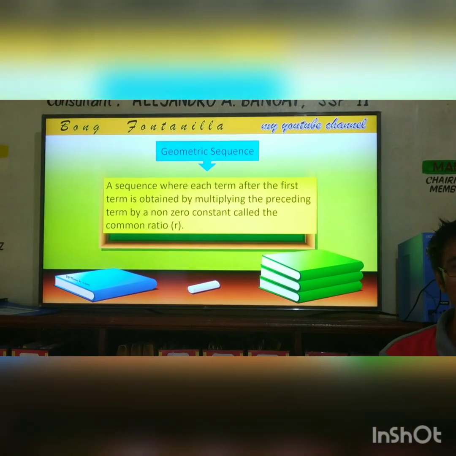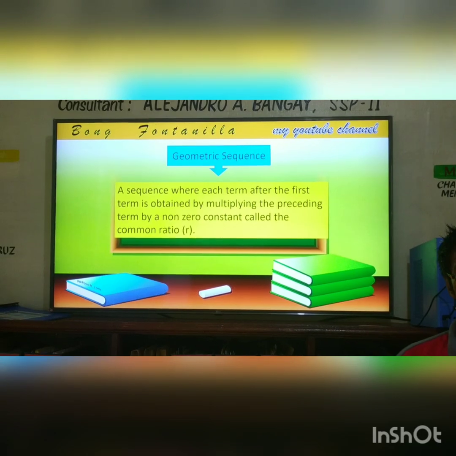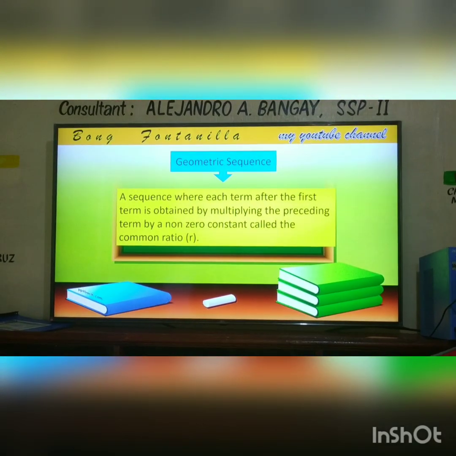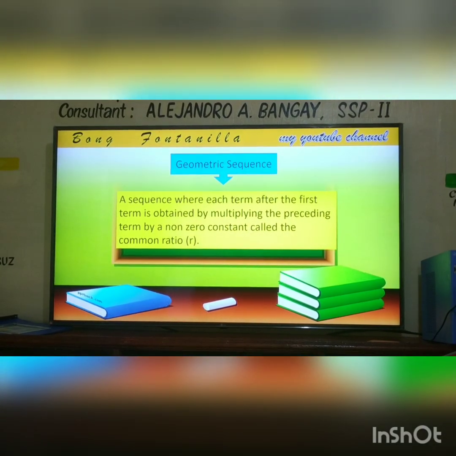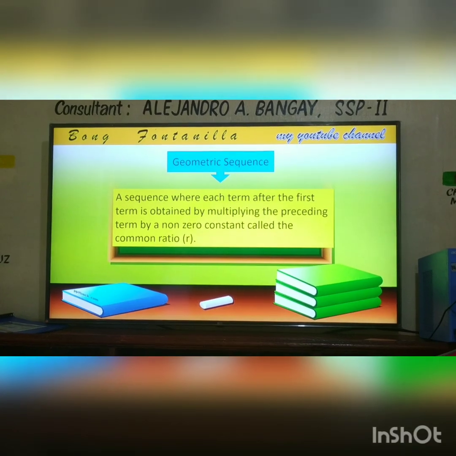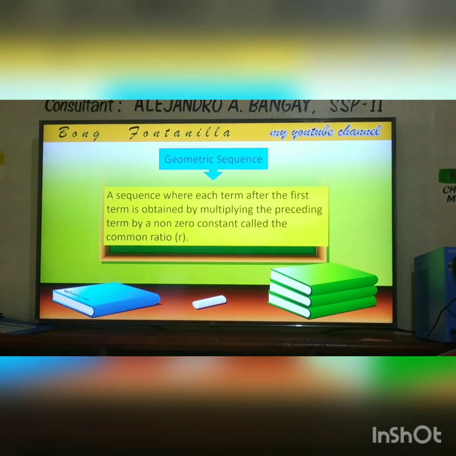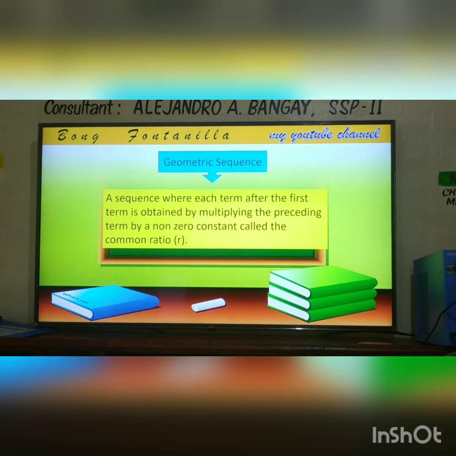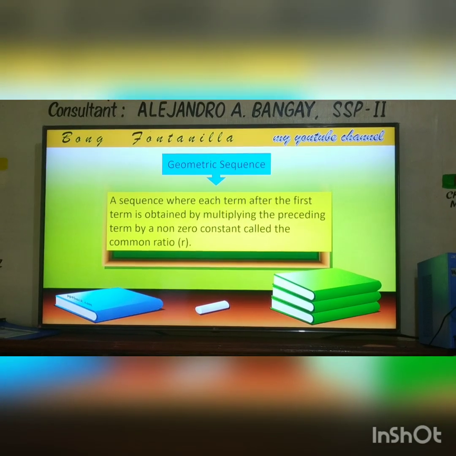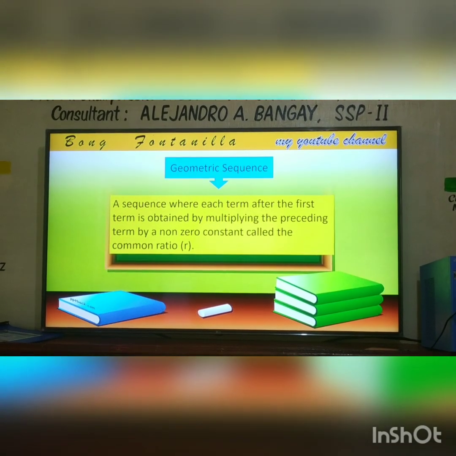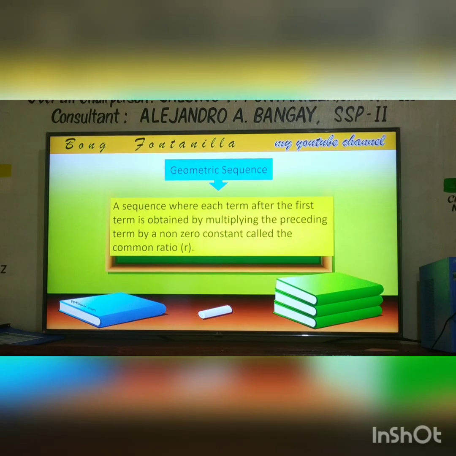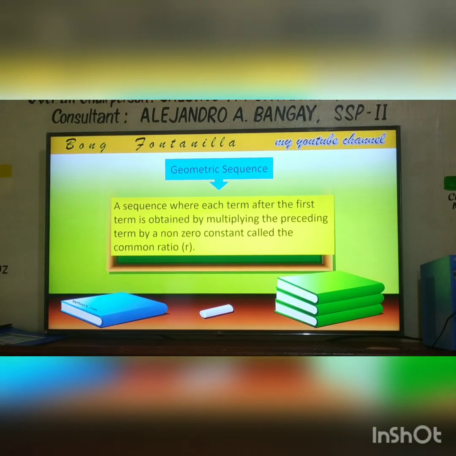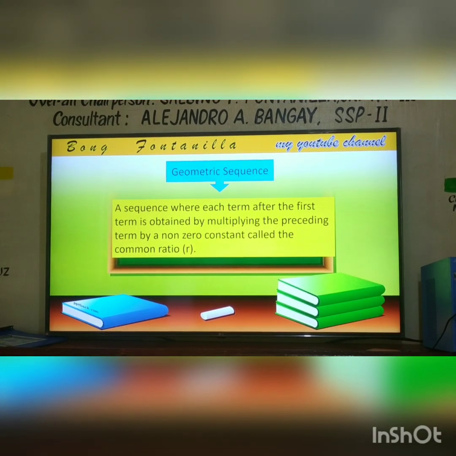For sure, you already have an idea as to what a sequence is all about. When we speak of a sequence, that is simply an arrangement of numbers following a pattern. So for this discussion, we will be tackling one specific type of sequence, and that is geometric.